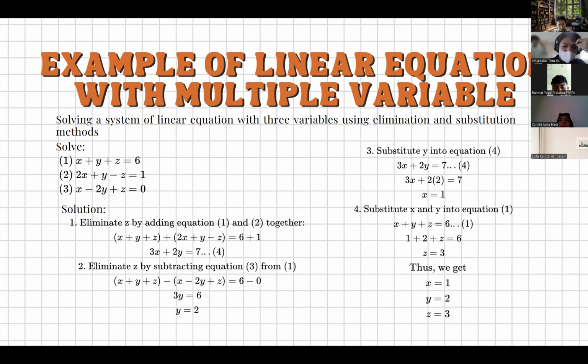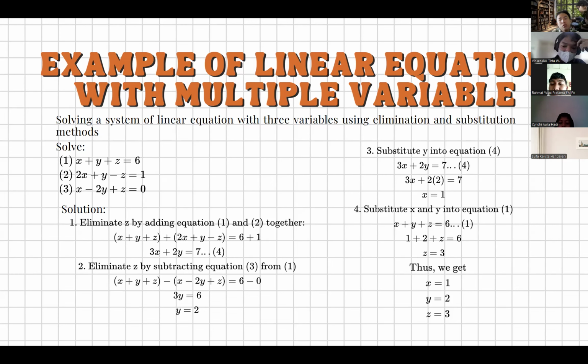After this, we're going to substitute y into equation 4, where equation 4 is 3x plus 2y equals 7. So we substitute y, where y is equal to 2. We got a new equation of 3x plus 2 multiplied by 2 equals 7. So we got x equals 1.